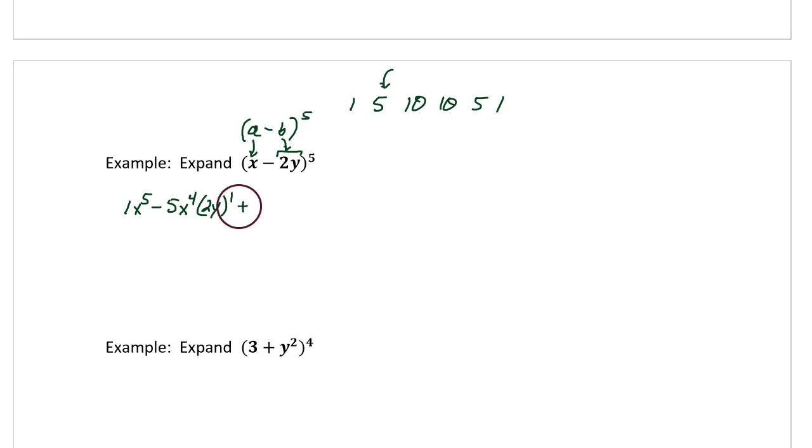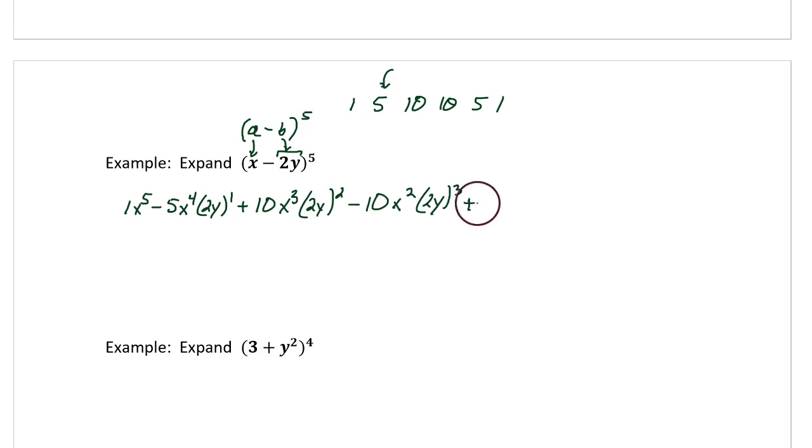Then it switches to a plus sign, and now the coefficient is 10, and it's x to the 3rd, 2y to the 2nd. Now it switches back to a minus, and the next coefficient is 10. It's x to the 2, and then 2y to the 3.